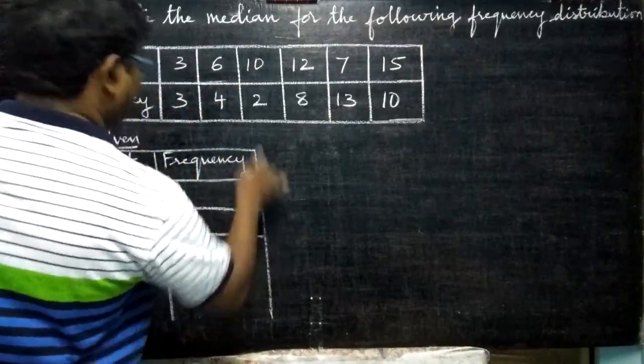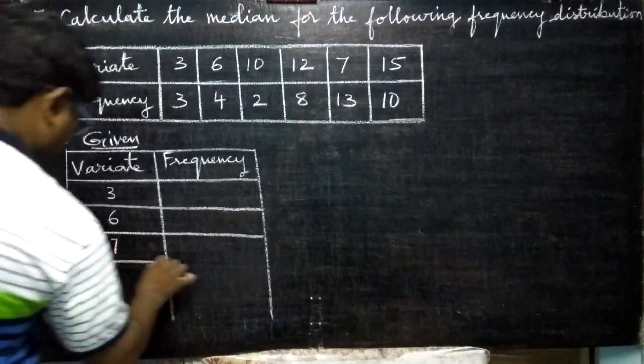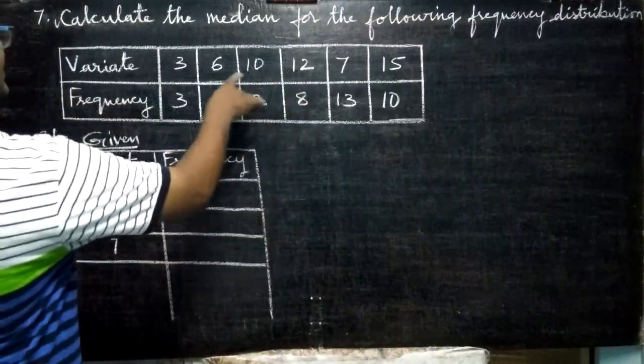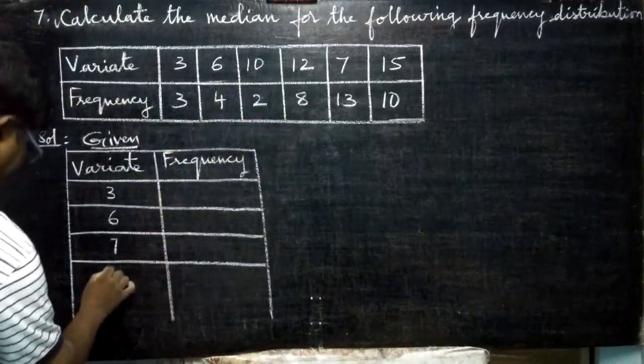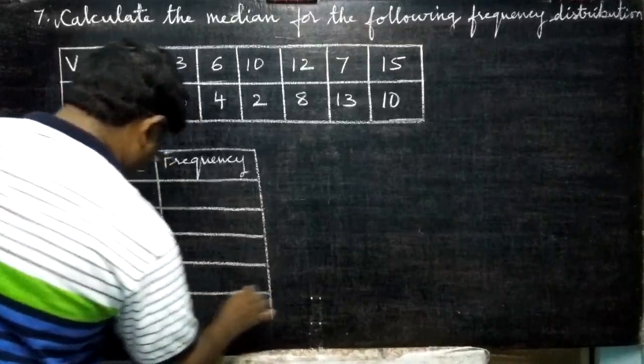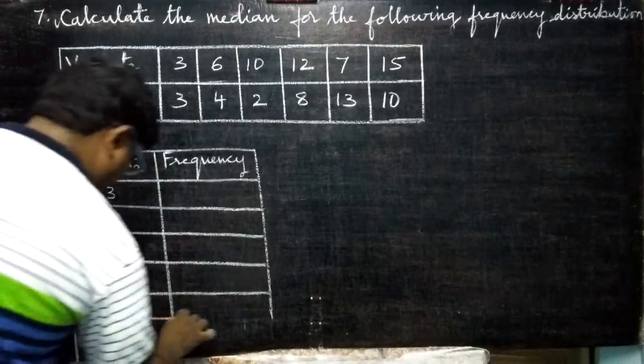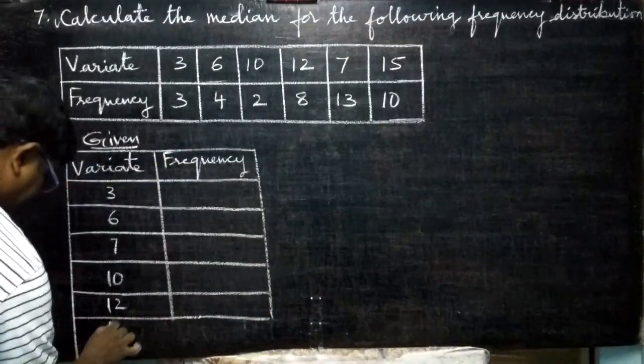After 6, next comes 7. After 7, the next increasing number is 10. After 10, 12. After 12, 15.